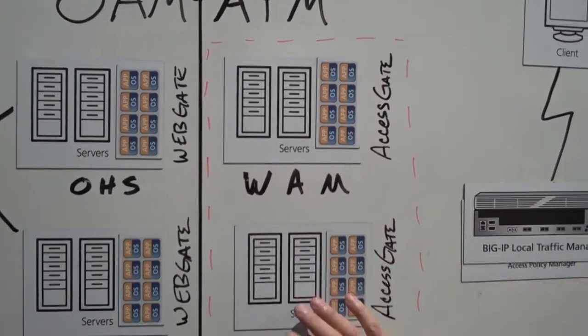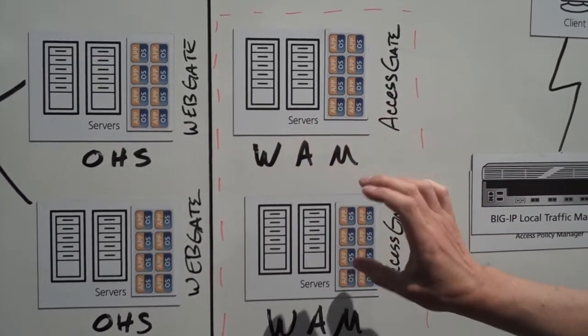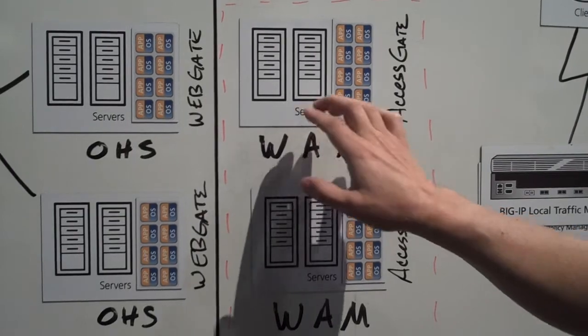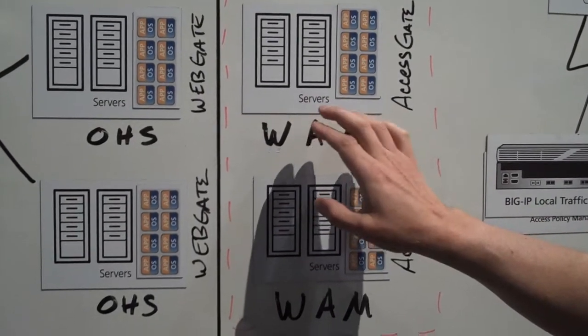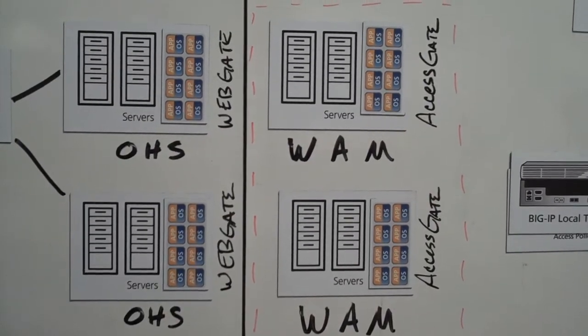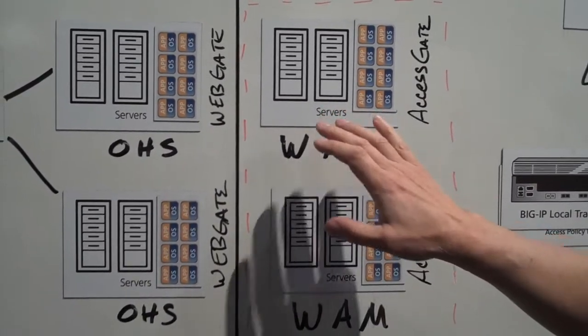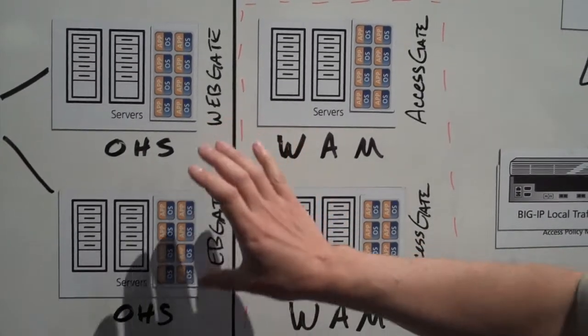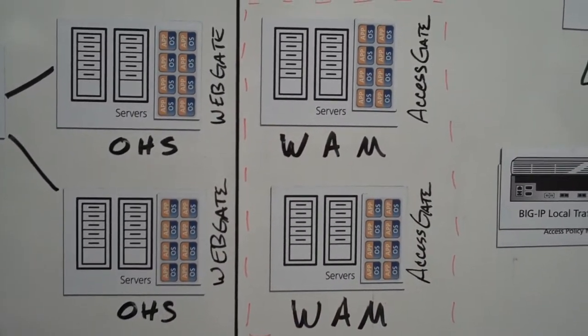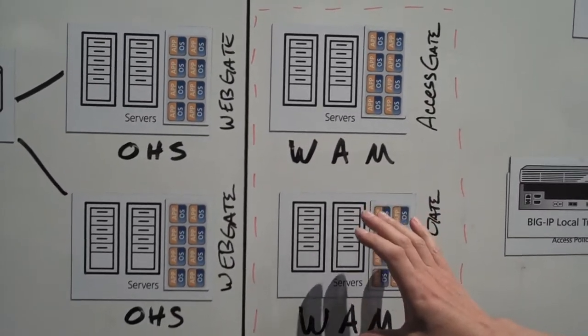This entire proxy tier is very expensive and difficult to maintain because you need a pair of servers if you want high availability for every single Oracle application that you deploy. I'm only showing 2 here and 2 here, but you would need additional pairs for all of your additional Oracle applications or non-Oracle applications. So it gets very expensive.